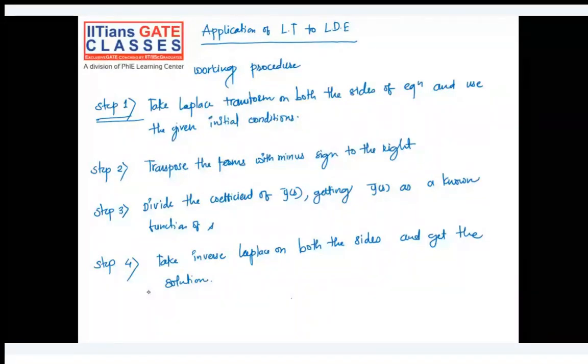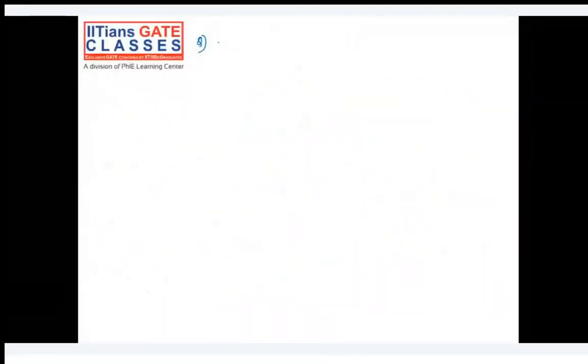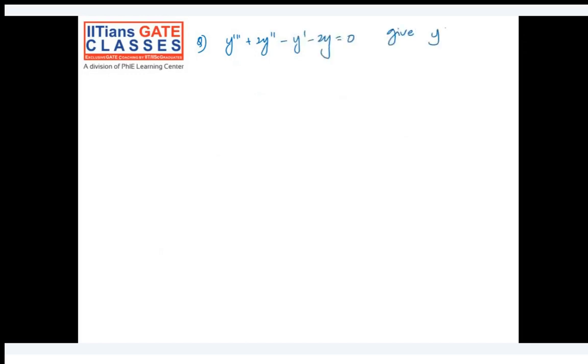Okay, so for example, let's do it in parallel with one question. What kind of question you can expect is y triple dash plus 2y double dash minus y dash minus 2y equal to 0. Solve this given y of 0 equal to y dash of 0 equal to 0 and y double dash of 0 is 6.